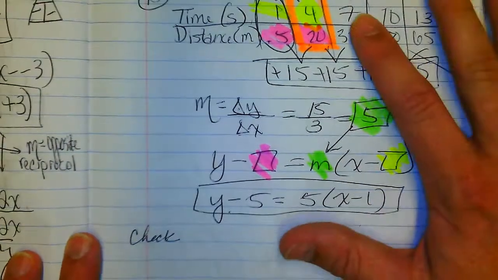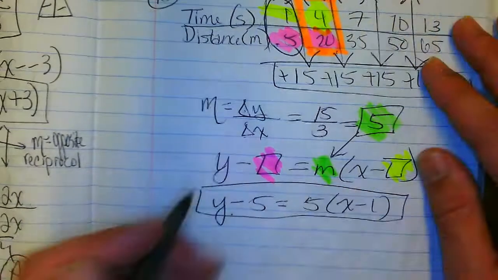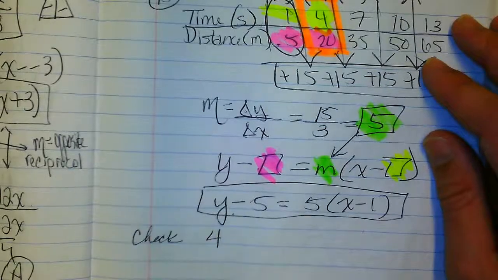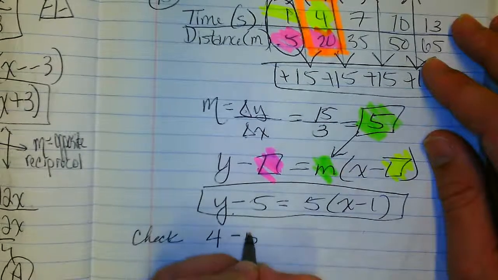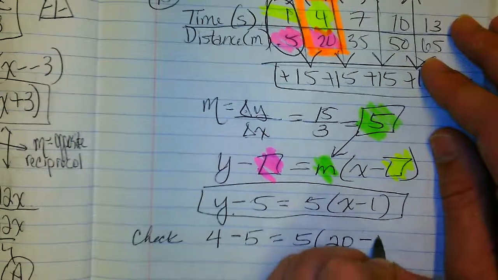All right, like this. Okay. So when we put it in our equation, we're going to say 4 minus 5 equals 5 times 20 minus 1.